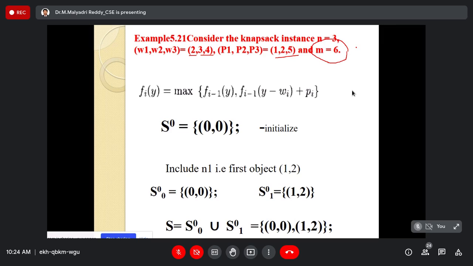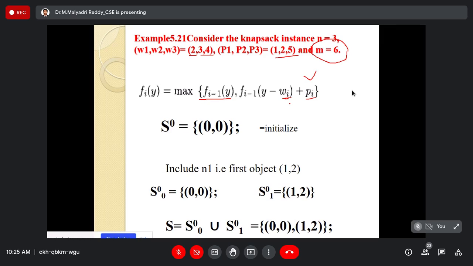In this we have to use one formula. Here i is the item number, W is the weight of the object, P is the profit or V. So we have to check the previous object, comparing including and not including the object.